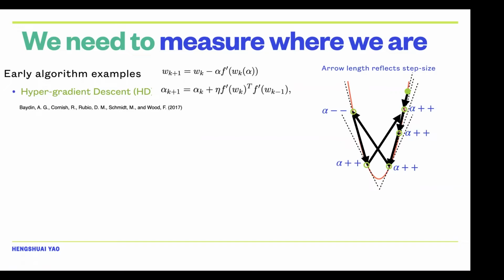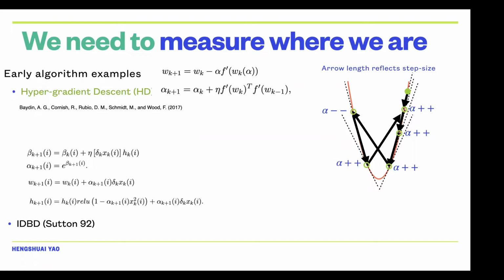hypergradient descent. There's another algorithm, IDBD, which is very well known to some of you, and has 4 lines, virtually 3 lines. But if you ignore the exponential form of step size, on beta alpha, you can just reduce to alpha.